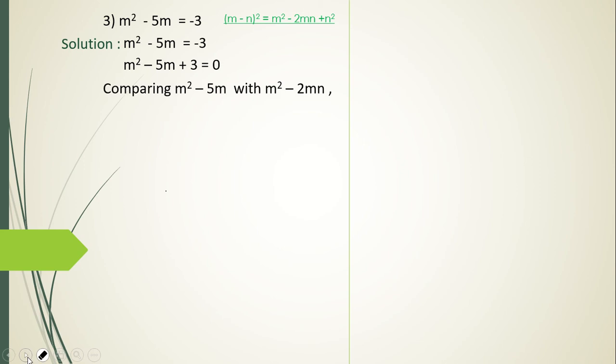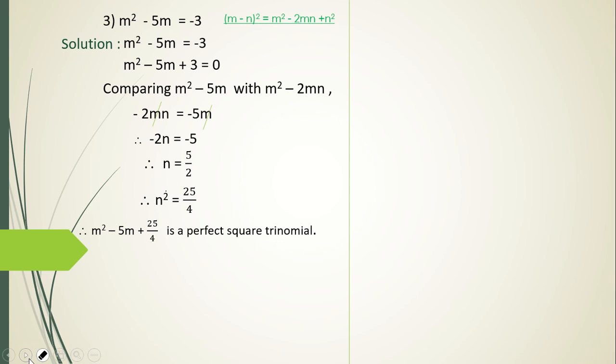So comparing m square minus 5m with m square minus 2mn, this m square gets cut, then minus 2mn is equal to minus 5m, and hence we get n is equal to 5 by 2, n square is equal to that. So this is a perfect square trinomial. Add and subtract.